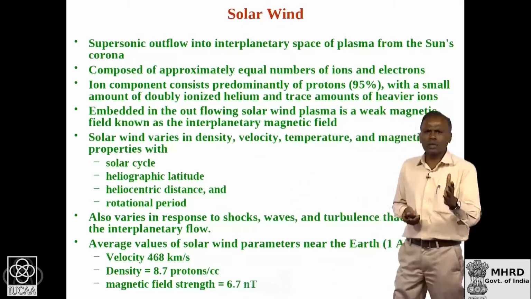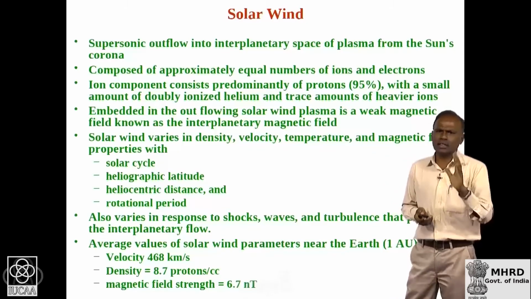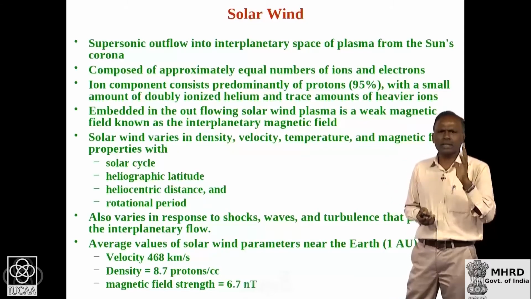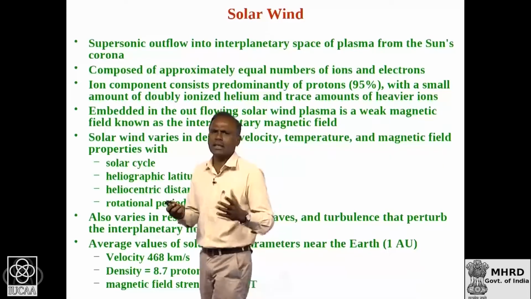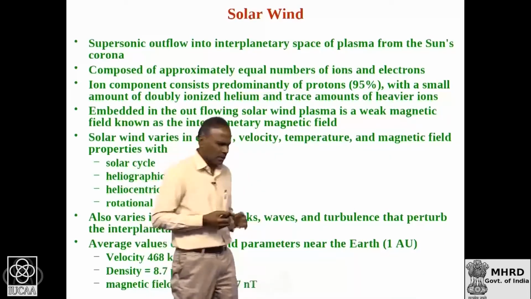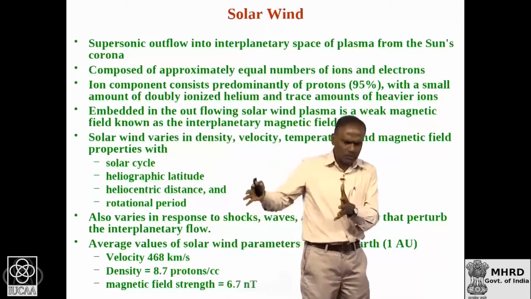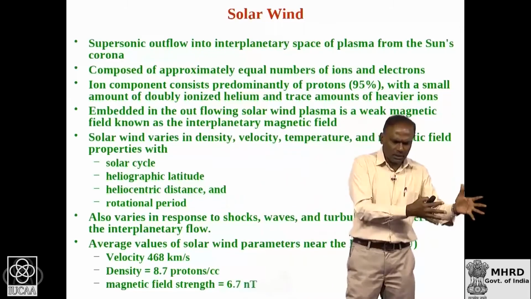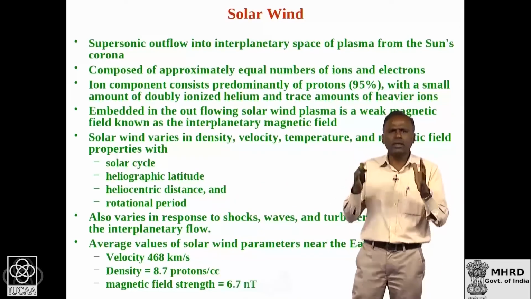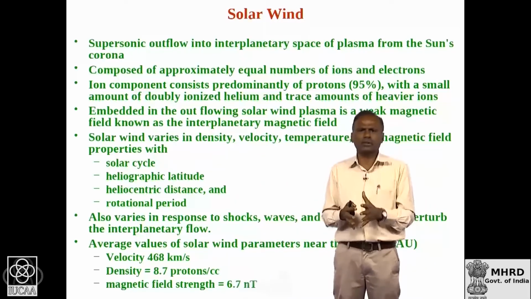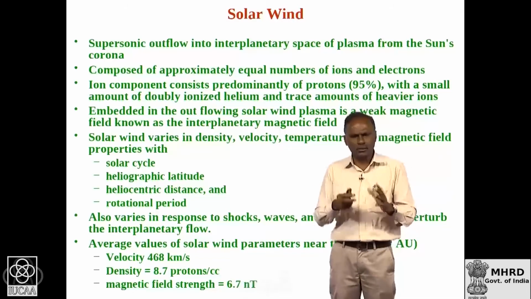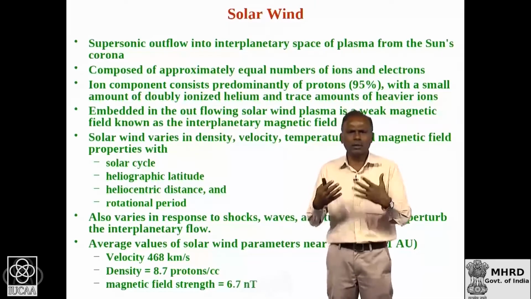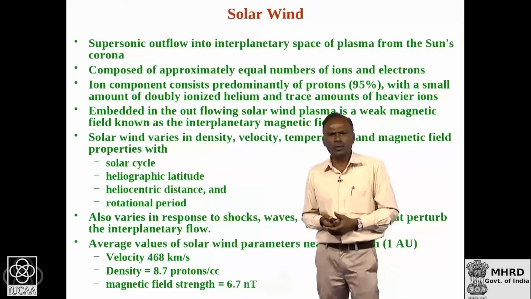Also, the solar wind varies in response to shock waves and turbulence that perturb the interplanetary space. As the solar wind flows from the sun to earth or beyond, it can cause shock waves, and the turbulence level can also vary. These things also get embedded in the solar wind.